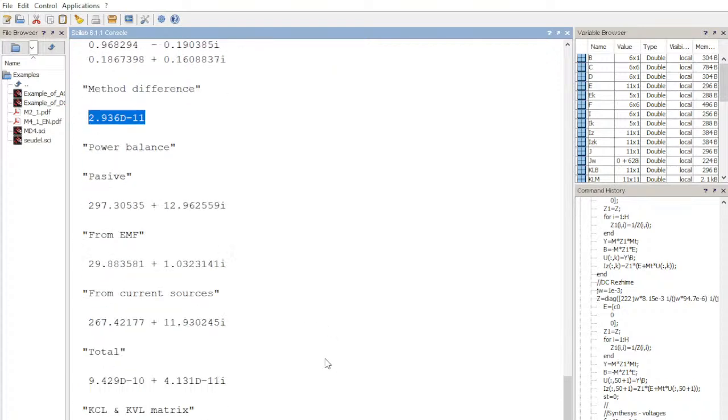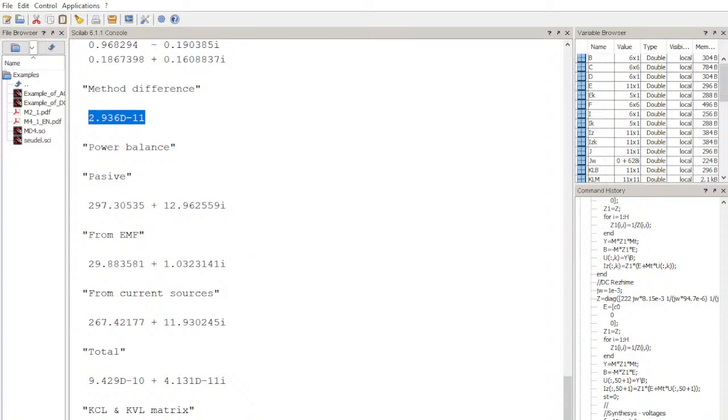What else I can do, I can calculate a power balance. We can assume that all power dissipated or consumed by passive elements should be equal to the power supplied by active elements. Passive elements power.